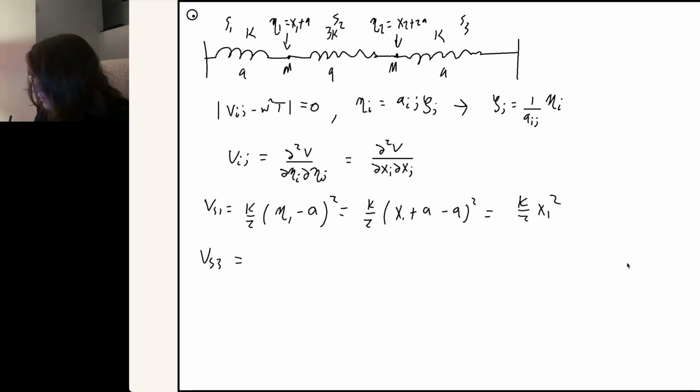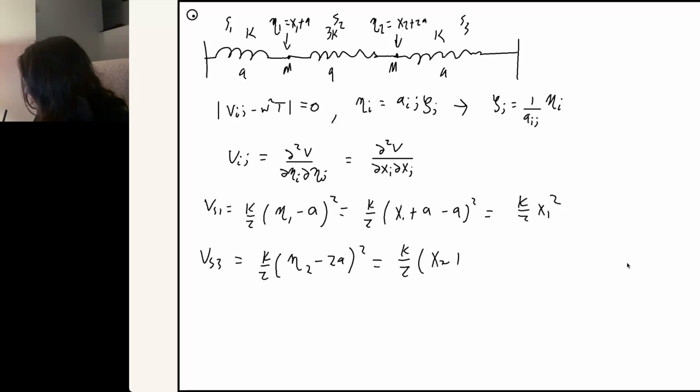The third spring is very similar. It's k over 2 times eta 2 minus 2a, squared, where eta 2 is x2 plus 2a, so k over 2 (x2 plus 2a minus 2a) squared, which is k over 2 x2 squared. Nothing too crazy there.